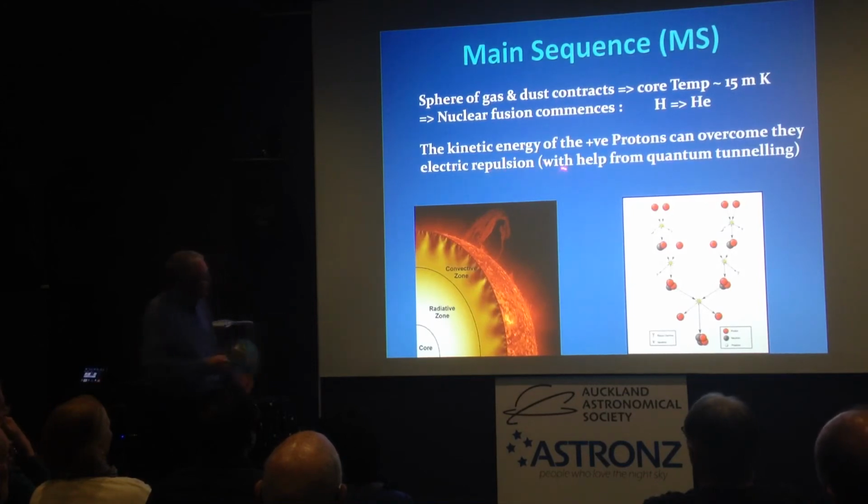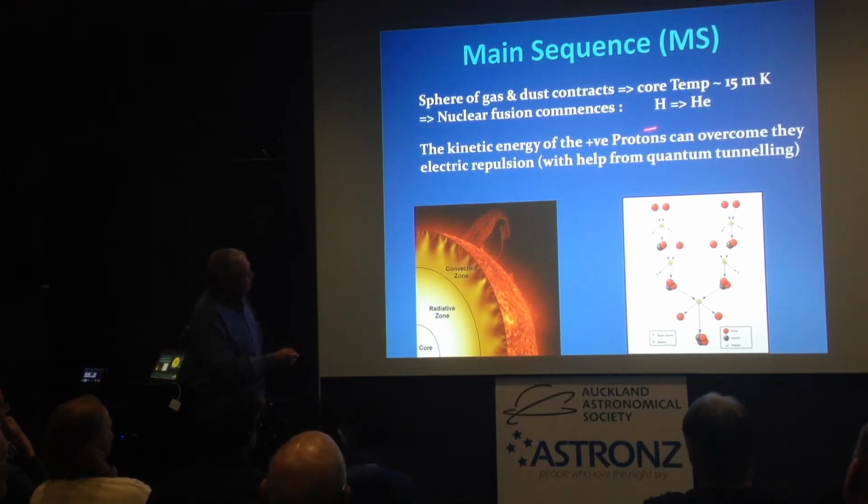As we spoke about last month in the talk on solar neutrinos, with a little bit of help from quantum tunneling, the process starts to proceed, and hydrogen nuclei, which are just single protons, fuse together to form helium, just 2 protons and 2 neutrons.